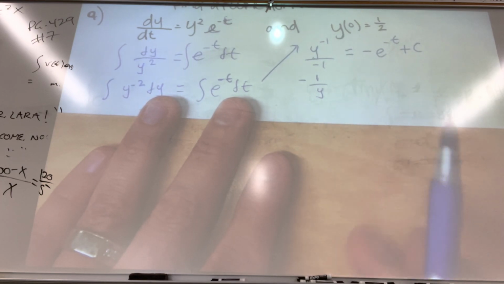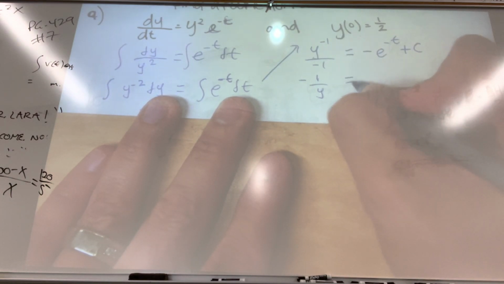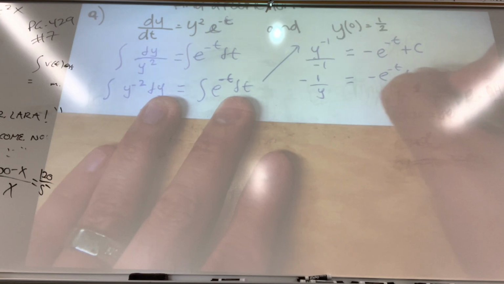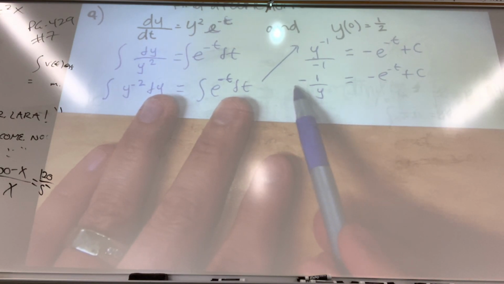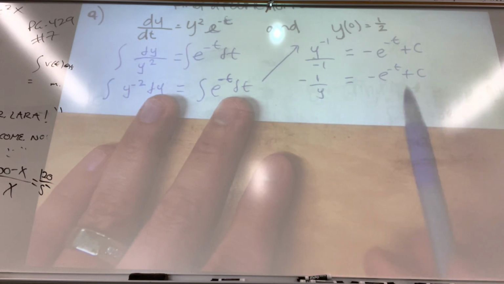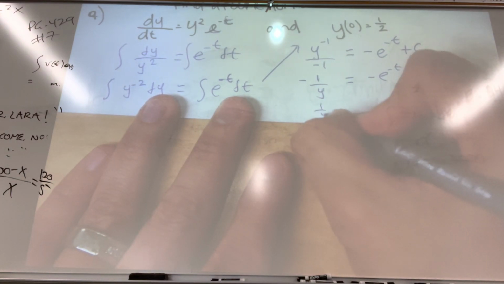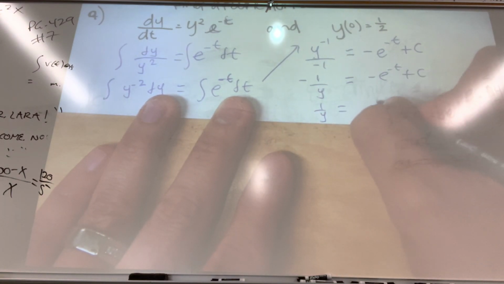We good? Okay. And then this is equals to still negative e to the negative t plus c. Okay. How can I get rid of this negative? Multiply by a negative, so it'd be 1 over y is equal to positive e to the negative t minus c.